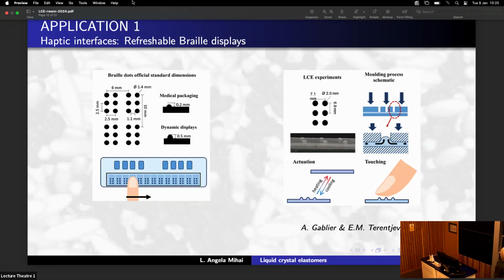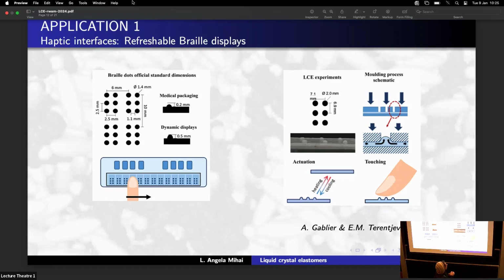They had these molds with gaps, and in between there's a layer of liquid crystal that will be compressed, and when deformed, the nematic molecules will align in a specific way, and then it can be cross-linked, and the material will remember that deformation.